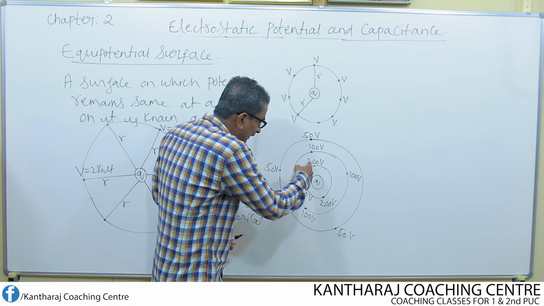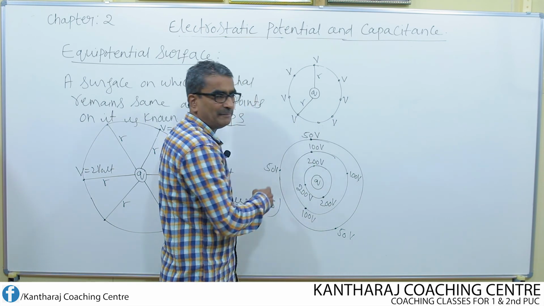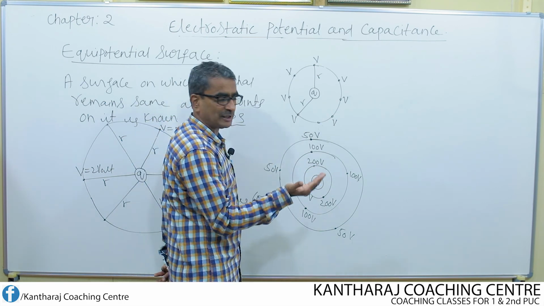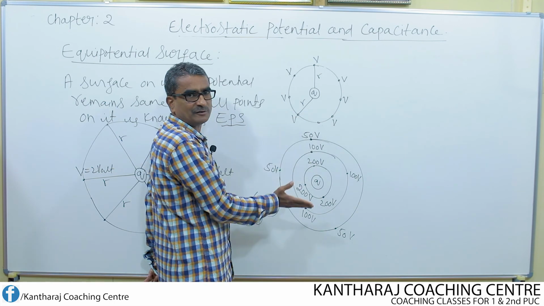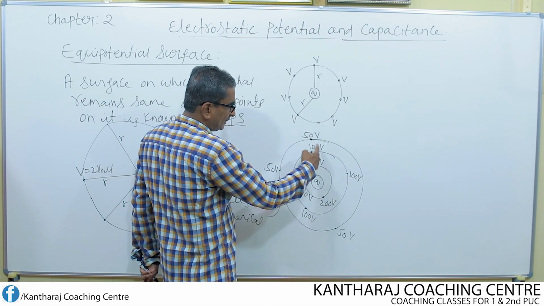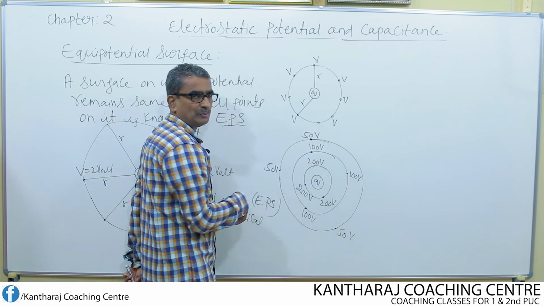On a given equipotential surface, the potential is the same at any point on it, but the magnitude of potential varies from one equipotential surface to another. This surface has 200 volt potential, this surface has 100 volt potential, this surface has 50 volt potential.